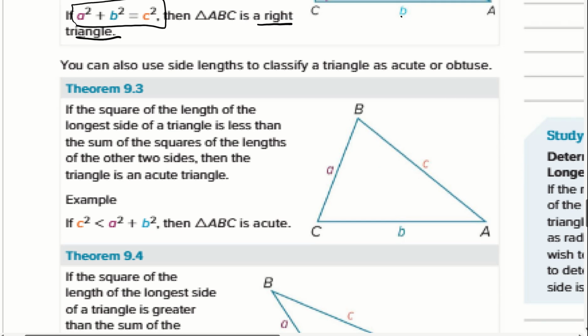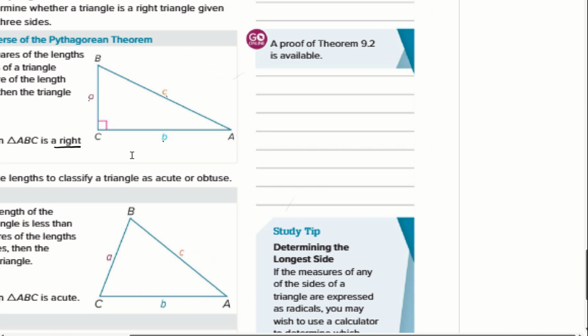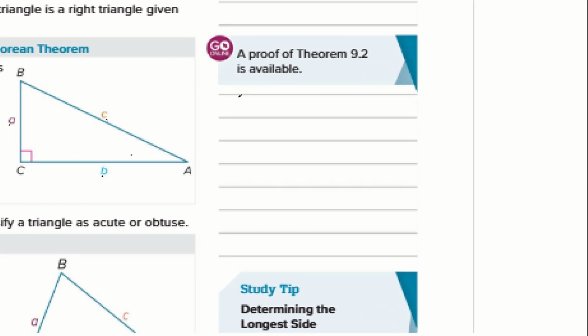So, and let me kind of summarize that over here, okay? So, Pythagorean inequality. All right, guys. If a squared plus b squared is equal to c squared, then it must be a right triangle, right?